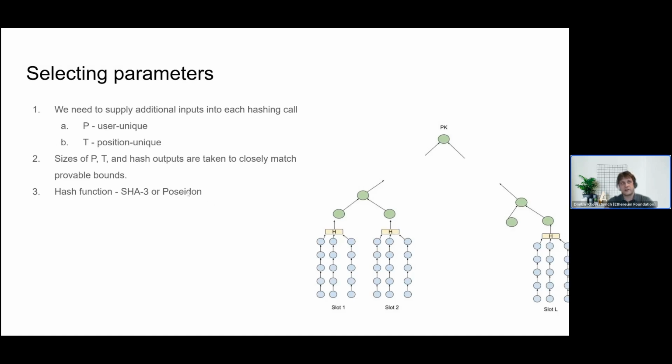For faster aggregation, one would use Poseidon. Poseidon as a hash is slower when you just compute a hash, but it's faster to aggregate. So generating and verifying actual signatures in the tree is more expensive with Poseidon, but aggregating signatures is faster.